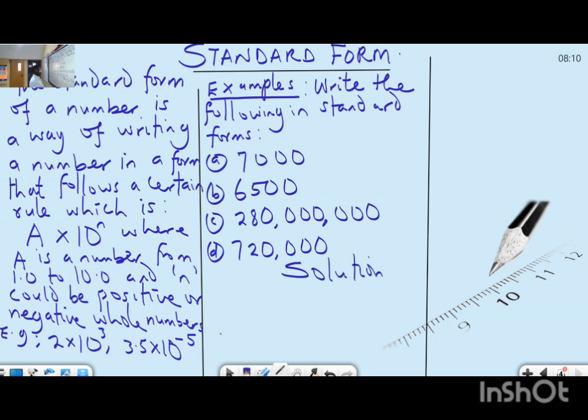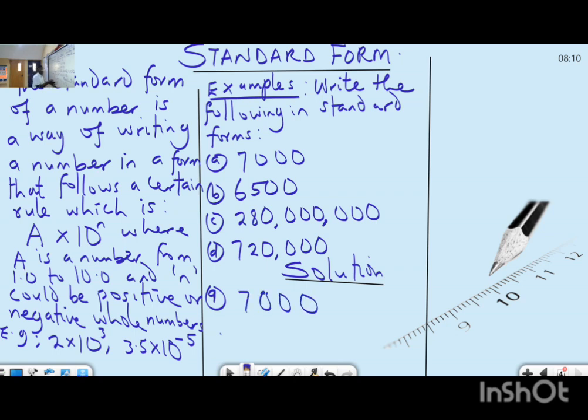When you are told to express a given value in standard form, it has to be in this form, a times 10 raised to the power n, just as established in the definition. For the first example, we have 7,000.